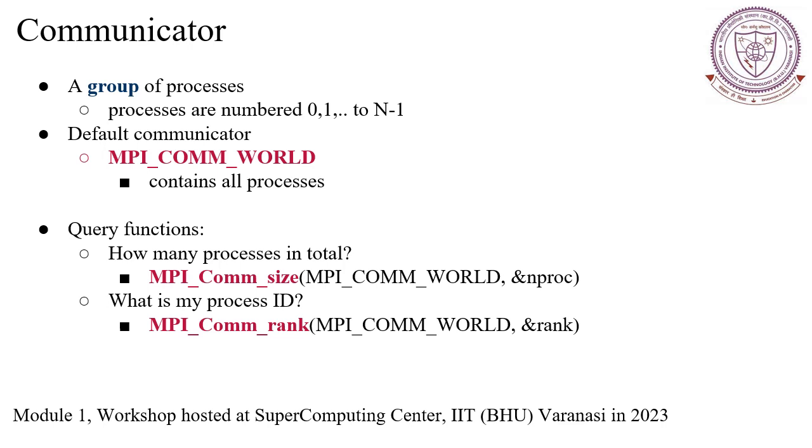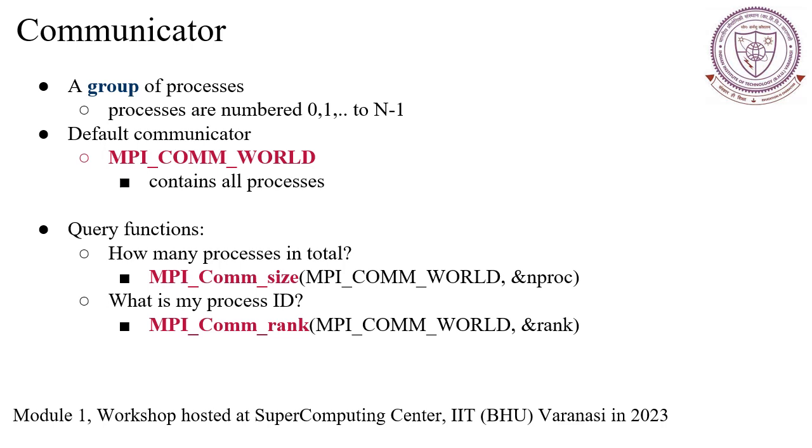Now we will see what a communicator is. In the previous slide we discussed the communicator, so here I will explain it briefly. The MPI_Comm_size and MPI_Comm_rank functions are two query functions that can be used to get information about a group of processes in MPI. MPI_Comm_size returns the total number of processes in the group.